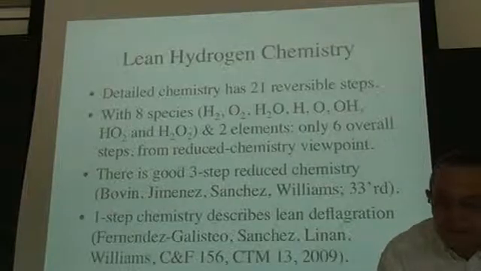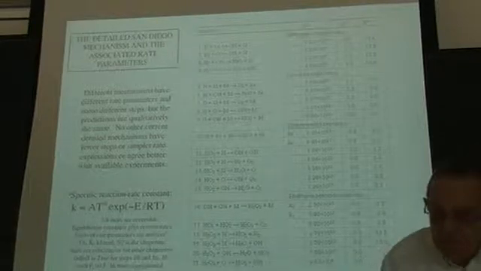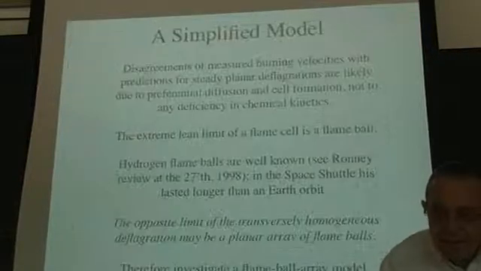And the other day, somebody showed me 18 steps, and I thought it was larger, 21 steps. This is the San Diego mechanism for hydrogen. Only 21 elementary steps, which there's lots to be said about.